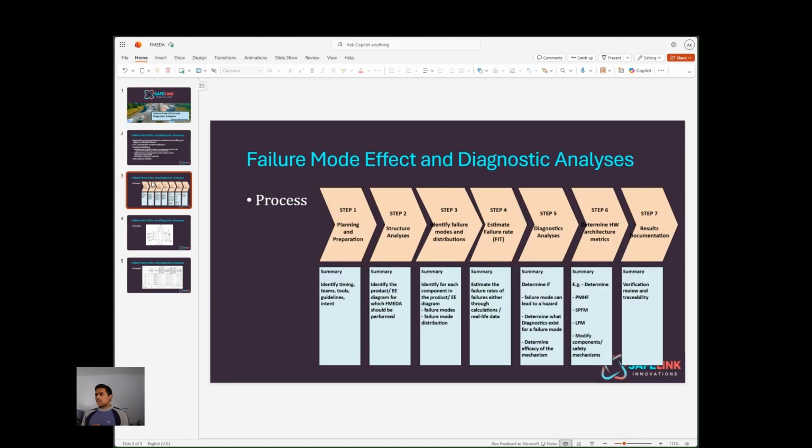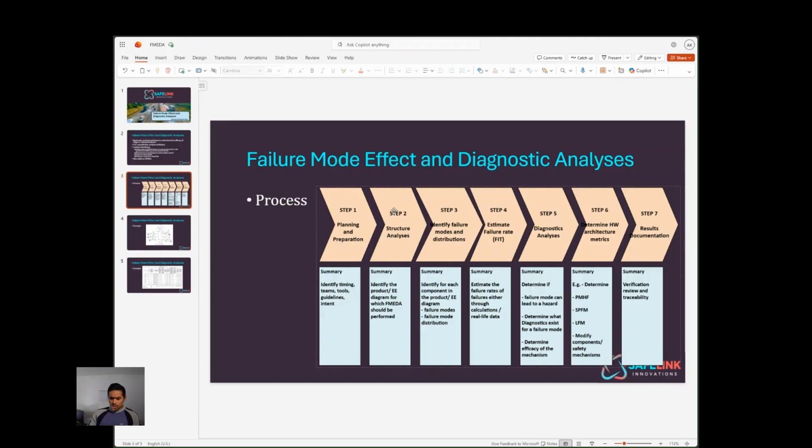Here's a simple process of how to perform an FMEDA. It is inspired from an FMEA process, but it's slightly modified. So the first step, planning and preparation. What is the timing? What are the tools? Who are the people? Step 2, once you have the tools and the process defined, you need to identify what it is that you're performing an FMEDA for.